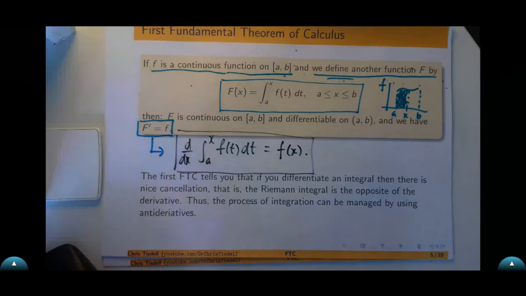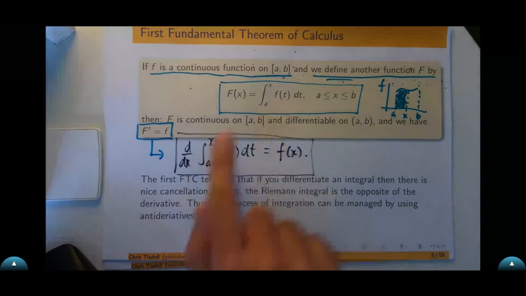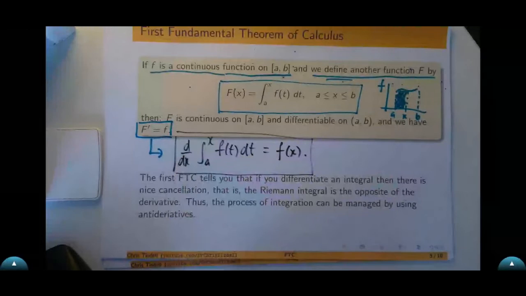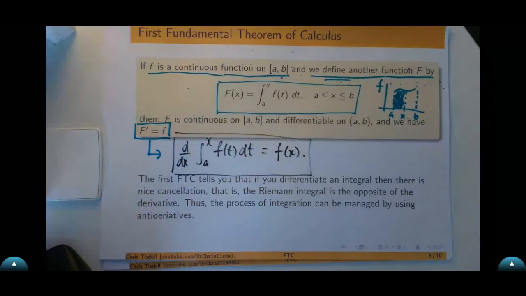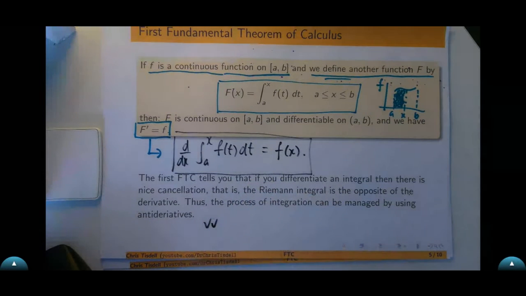Okay, well, so what? Well, the first fundamental theorem of calculus tells you that if you differentiate an integral like this, you get the cancellation. So the Riemann integral is the opposite of the derivative. So the process of integration can be managed just by using antiderivatives, which is great. We love that.